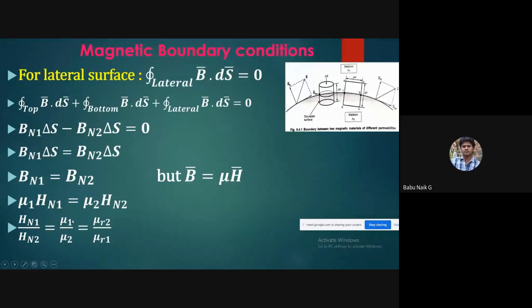So mu2 is mu naught into mu r2, and mu1 is mu naught and mu r1. So mu naught is constant over the boundary, in both medium 1 and medium 2. After cancelling that, you get mu r2 by mu r1 here. So this is by considering the Gaussian surface, and we calculated the normal component at the boundary condition line.